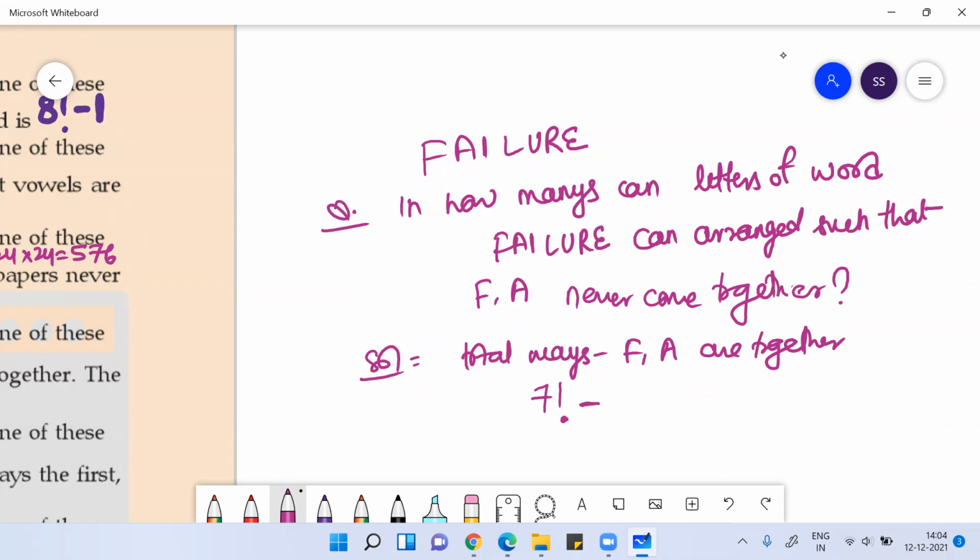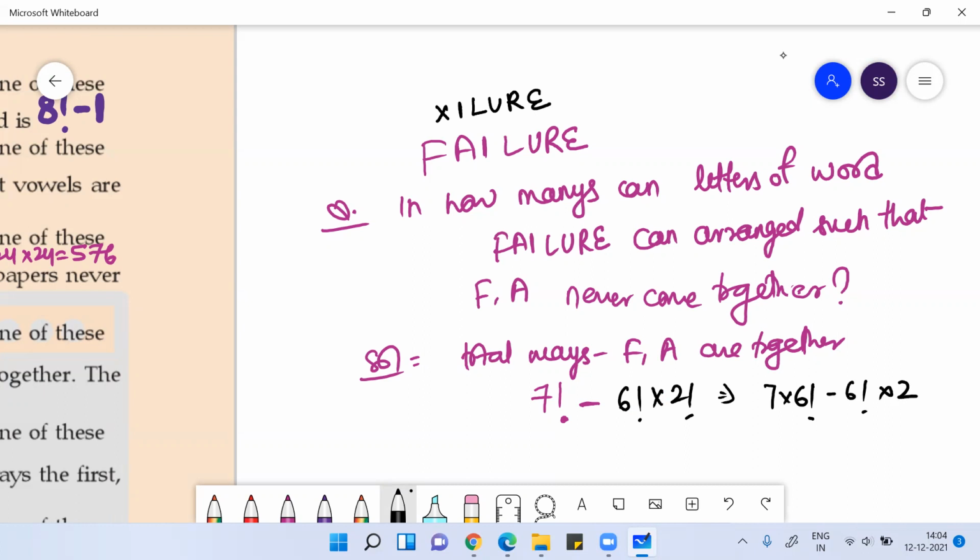If F and A together make letter X, it becomes X, I, L, U, R, E, which is 6 factorial into 2 factorial, because X is made of F and A. So 7 factorial I can write as 7 into 6 factorial, minus 6 factorial into 2.